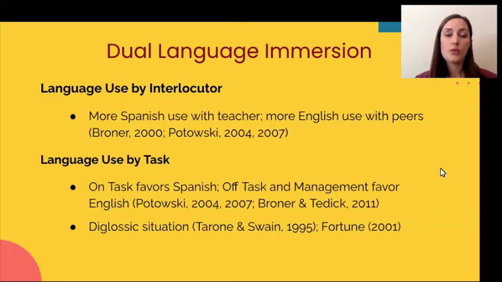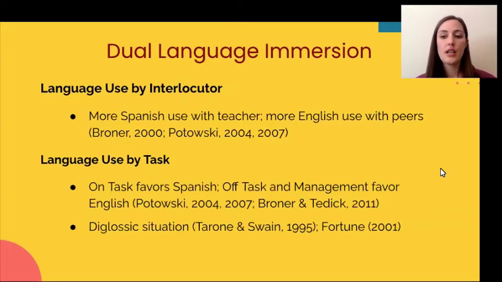The task, or what I refer to as a speech function of a token, can also affect students' use of Spanish and English. So a task is a goal-oriented activity which participants must carry out. And so when communication is on task, it means it's directly related to the completion of the task at hand, whereas when it's off task, it's completely unrelated to the task at hand.